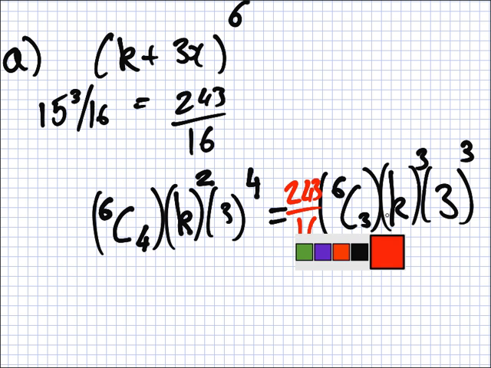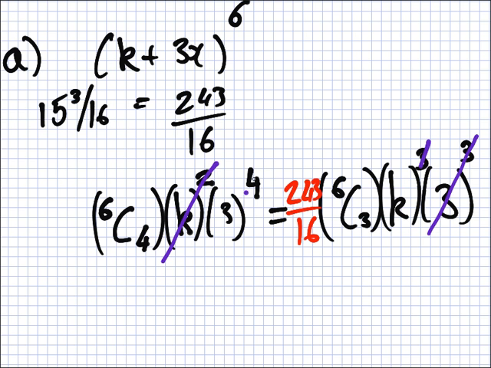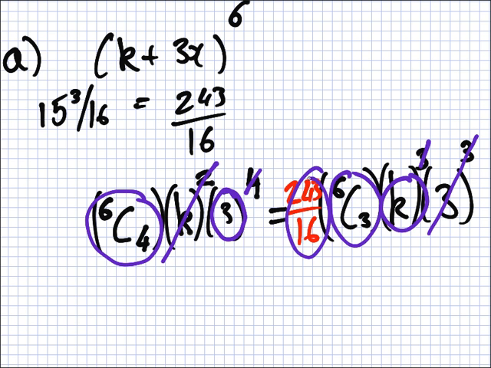Well, you see, a lot of things cancel now. For example, x squared cancels the x cubed away. And then the cubed here cancels this away, leaving me with just a 3 here and just k here. I have 6C4, 6C3, and 243 over 16.